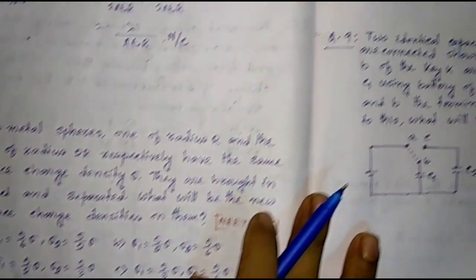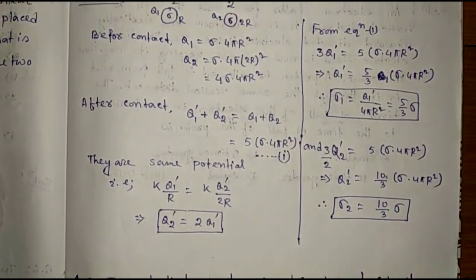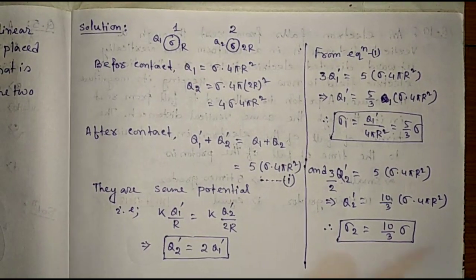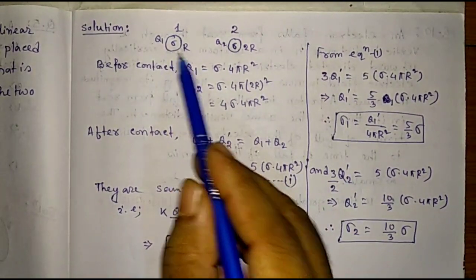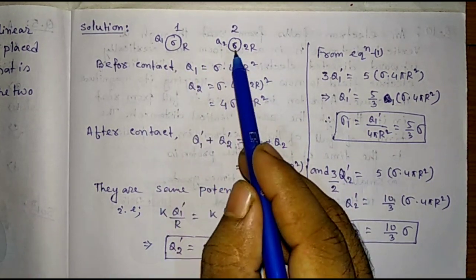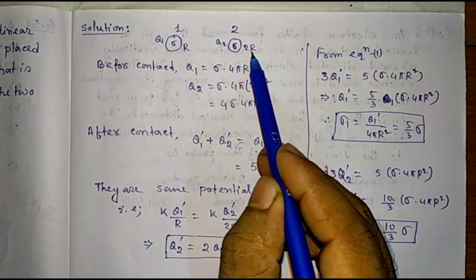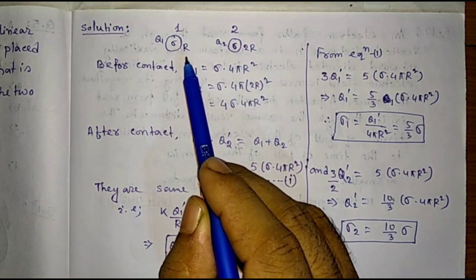So the solution is here. First of all, we consider two spheres. They have the same surface charge density and radii r and 2r, which is given in the question.